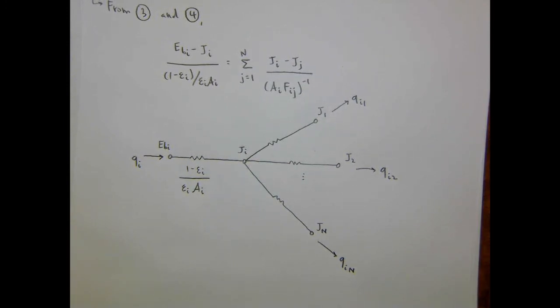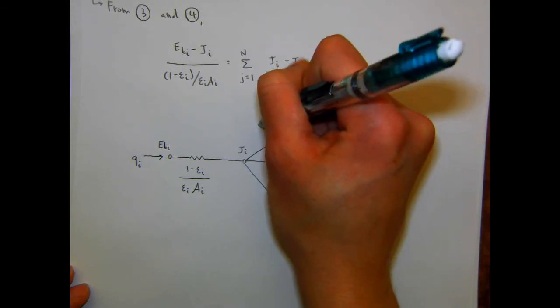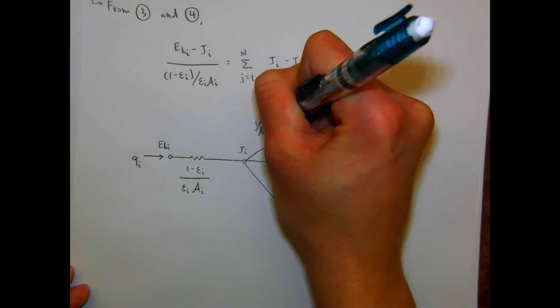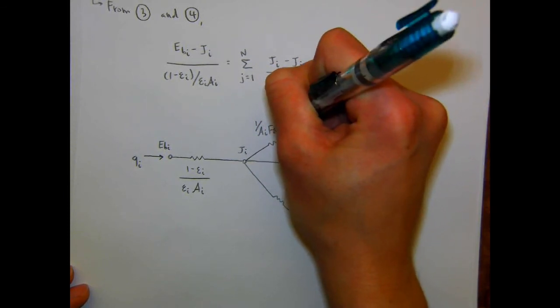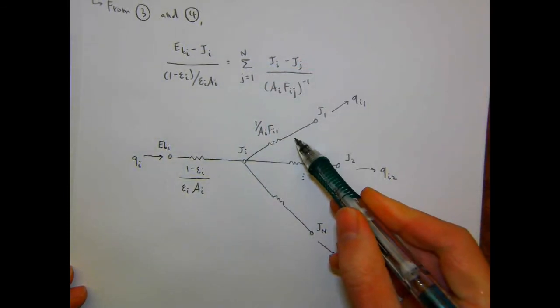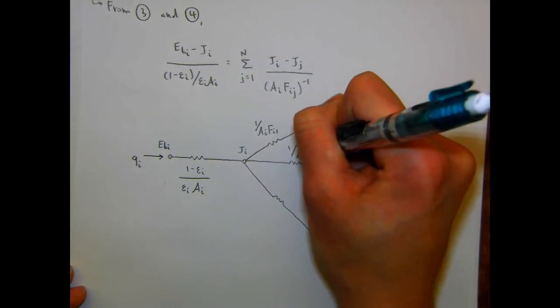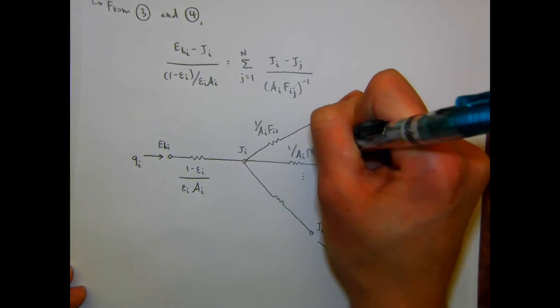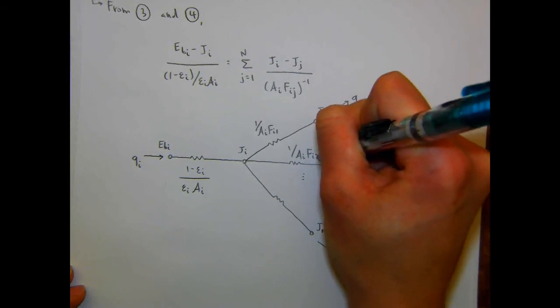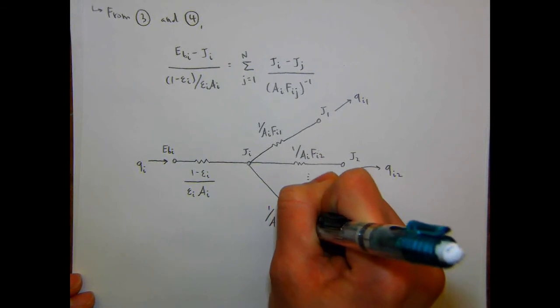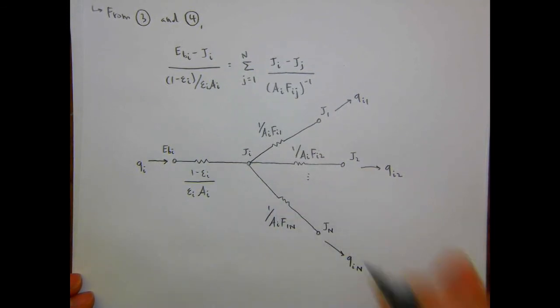And then we'll have some resistance on this side as well, and that's going to be 1 over A sub I F I1 for this resistor, 1 over A sub I F I2, and 1 over A sub I F I N.